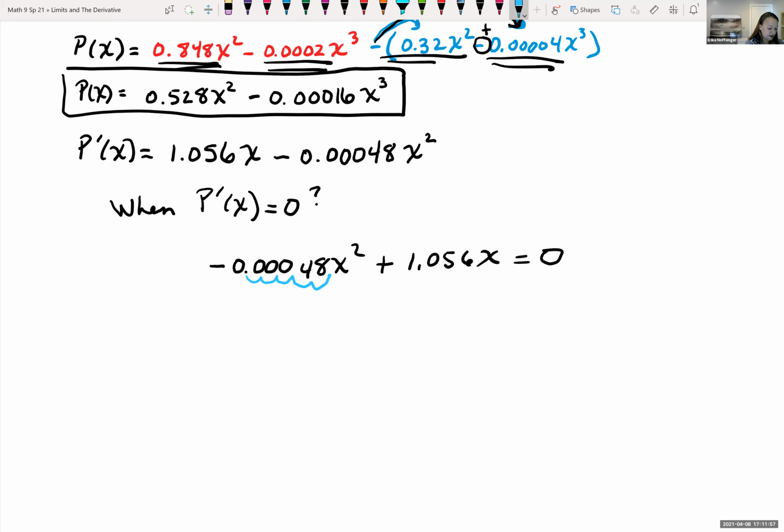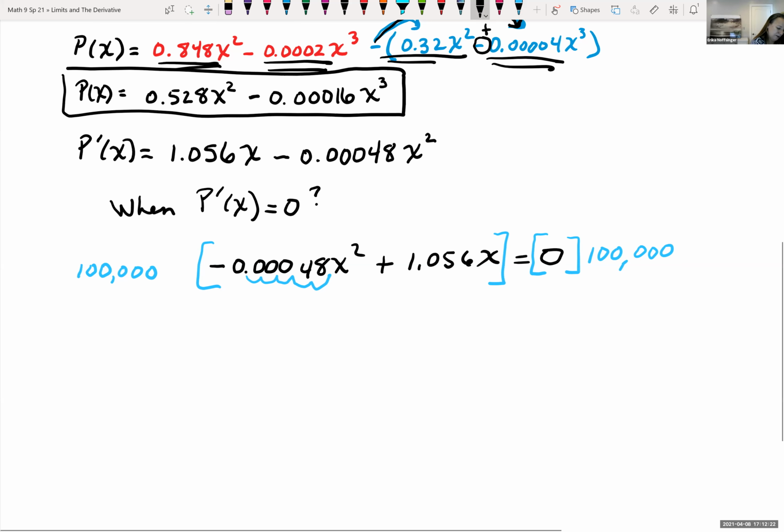So I'd have to multiply both sides by 100,000. We don't have to do this. I just prefer not to deal with the decimals if I don't have to. I don't know if that's going to make my life easier or not, but we can try.